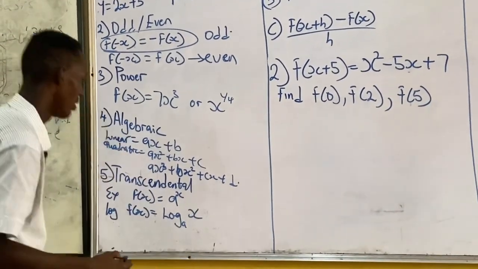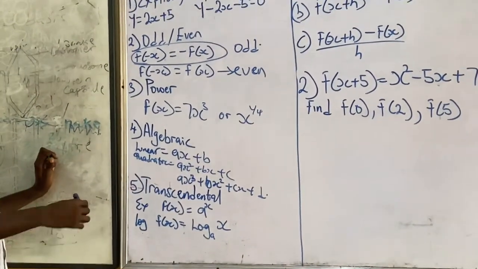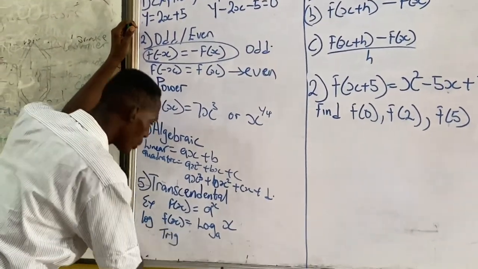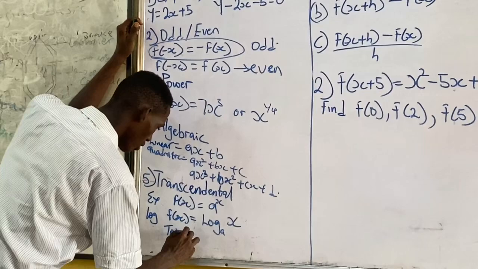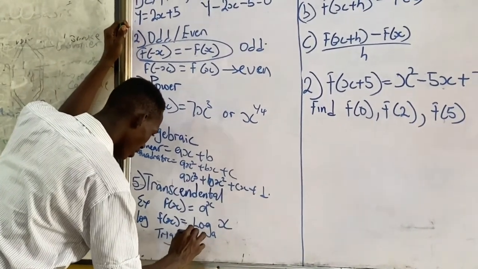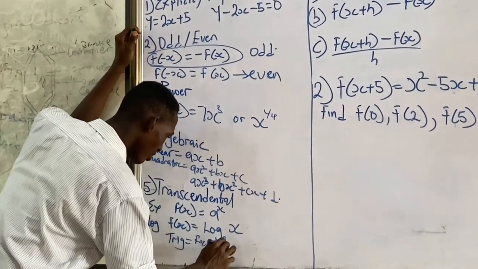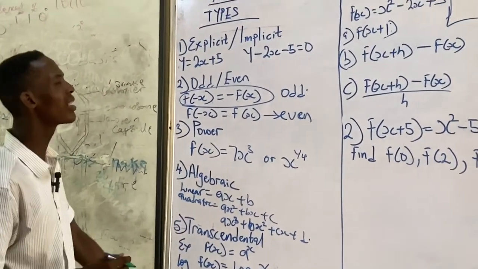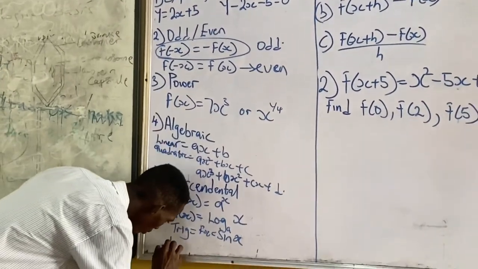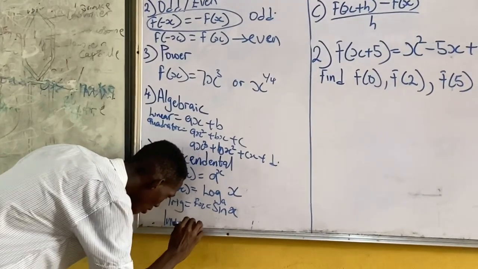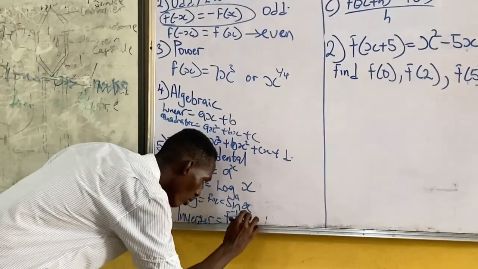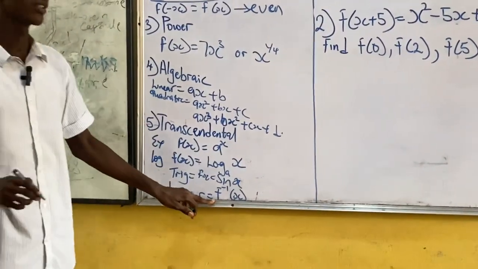Log x base a. Then we also have what? Trigonometry. Trig, we have trig function. So that's f of x is equals to what? Sine x or cosine x, either of the two. Then the final one is what? Inverse. It is represented by what? This is the sign for inverse.